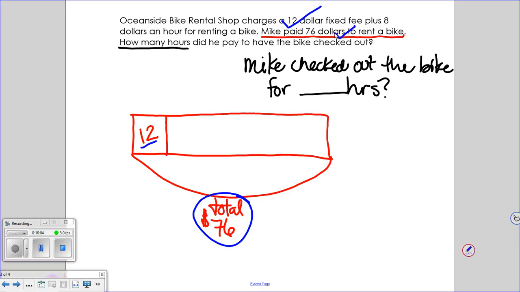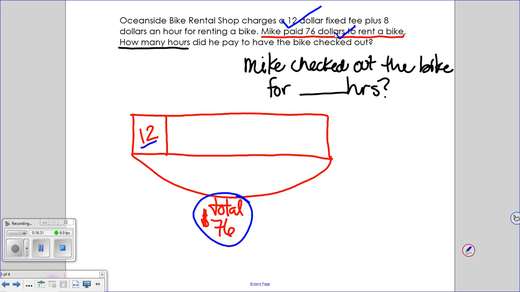After that, what are they charging? Lene? They've only charged $12 once. After that, what are they doing? $8 an hour. Okay? Do we know how many 8s to break it up into yet? No, not yet.